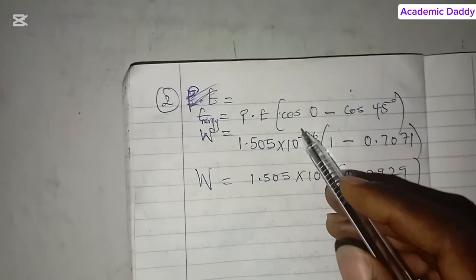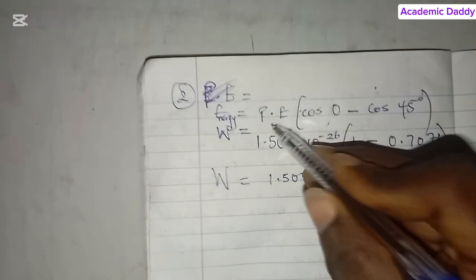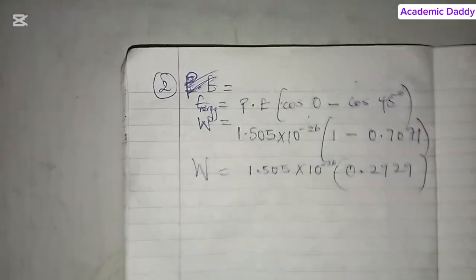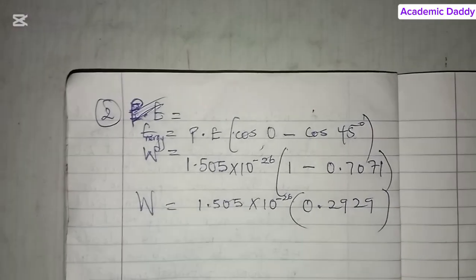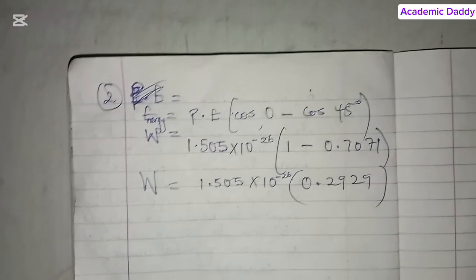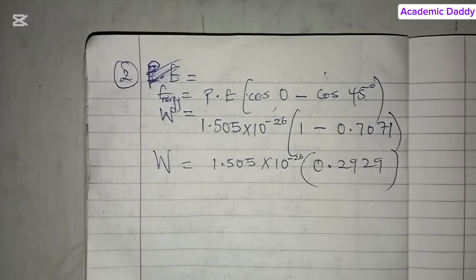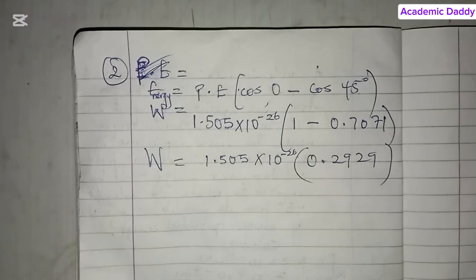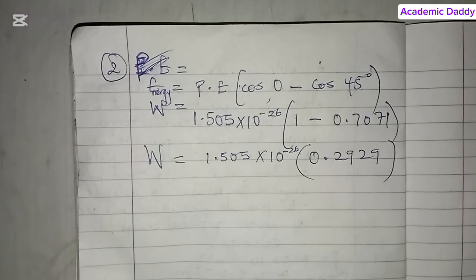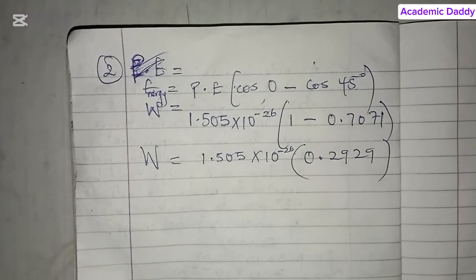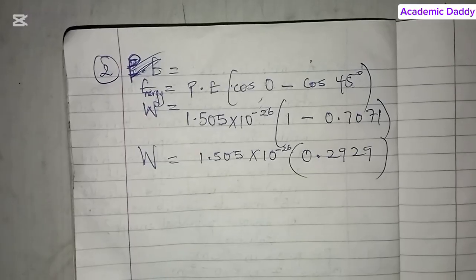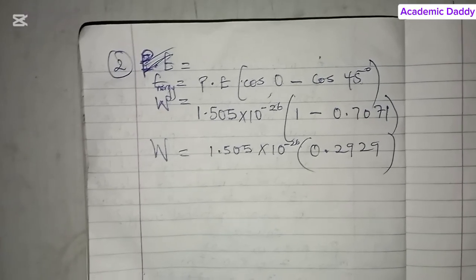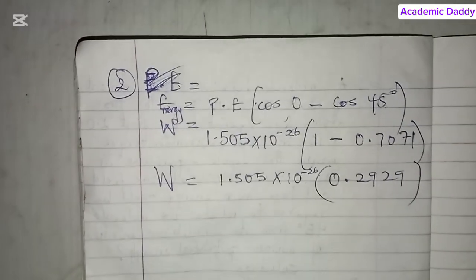Some students will want to say, because they give them 45, that theta equals 45. It's not bad, but you need to always think of it in terms of this: once they tell you that it is moving from equilibrium position to another position, always consider the initial angle minus the final angle.